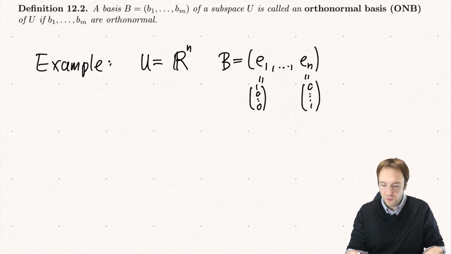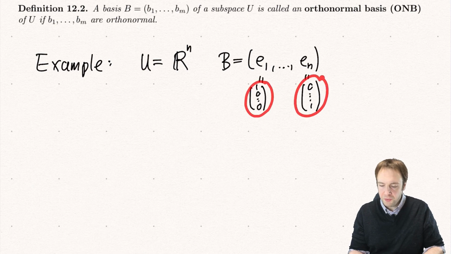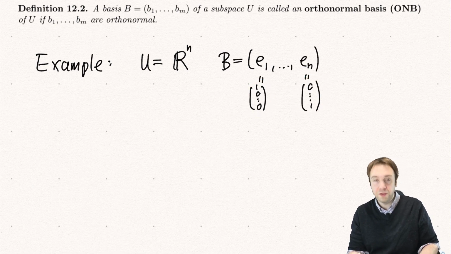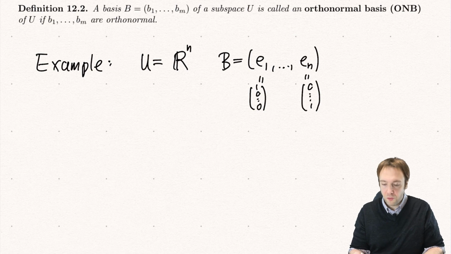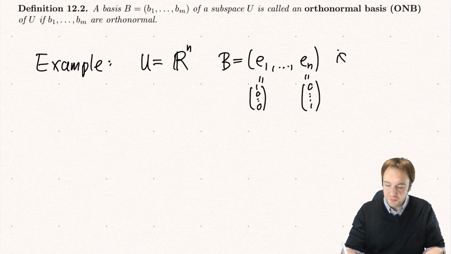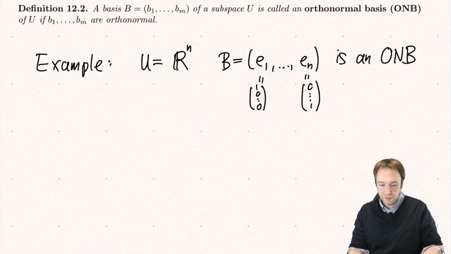And of course all of them are unit vectors because the norm of each of them is 1, but they are also orthogonal. So if I take the dot product of this with this, for example, then clearly the dot product is 0. So this is an example of an orthonormal basis, which I will just write ONB in the following.